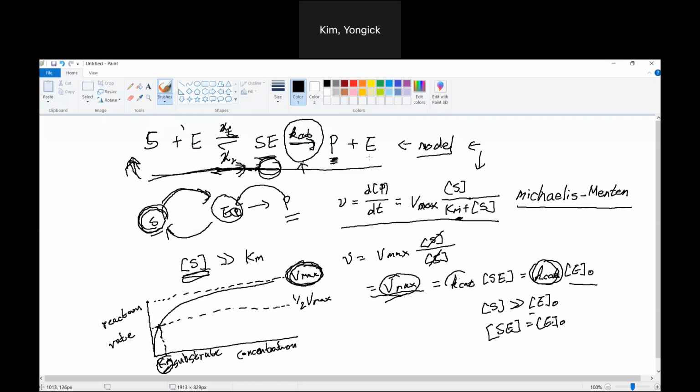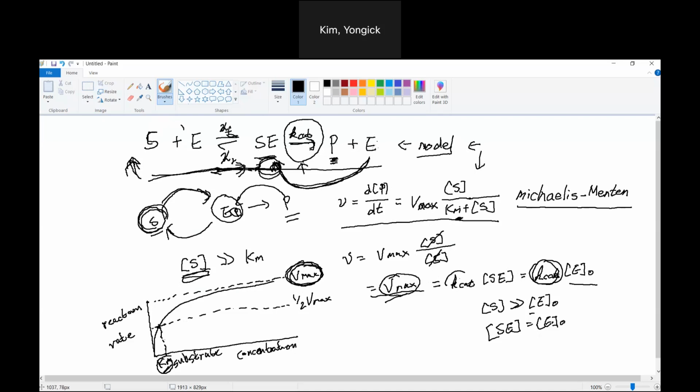This enzyme needs to be recycled after making a product. So kcat actually includes how fast this enzyme can be recycled. So it can make a substrate enzyme complex again, and then make a product, and then go back to here, and then make it again.